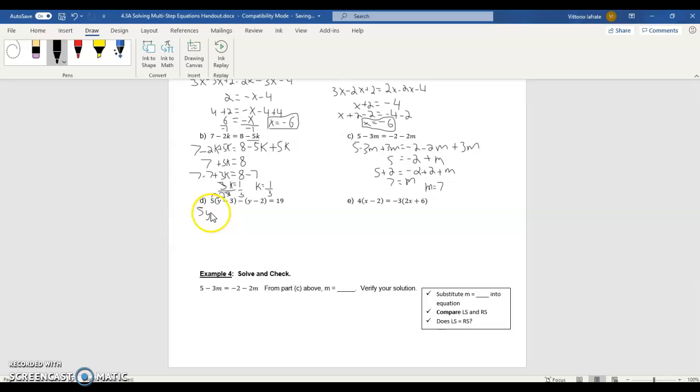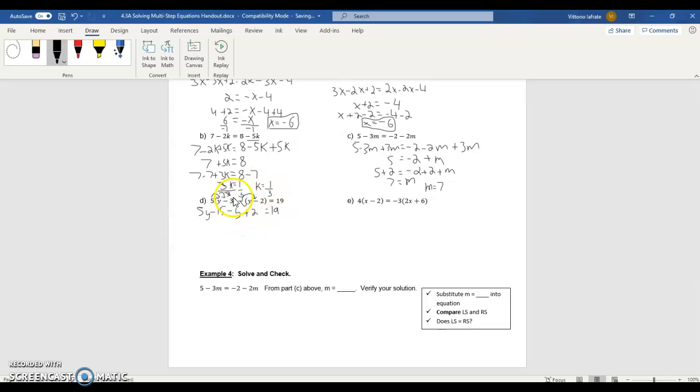So 5y minus 15. Then this has to be distributed in here, so it's negative y. That's like doing negative 1 times 1y, and then negative 1 times negative 2 is plus 2, is equal to 19.